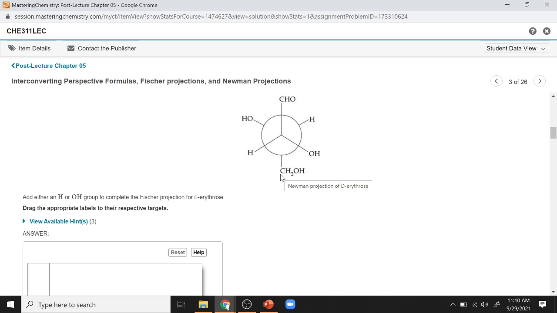Notice that because we're staggered, we've rotated that bottom all the way around, haven't we? Can you envision it in your head? If this was eclipsed, it would be like that. We've rotated 180 degrees. There are two ways to do this.